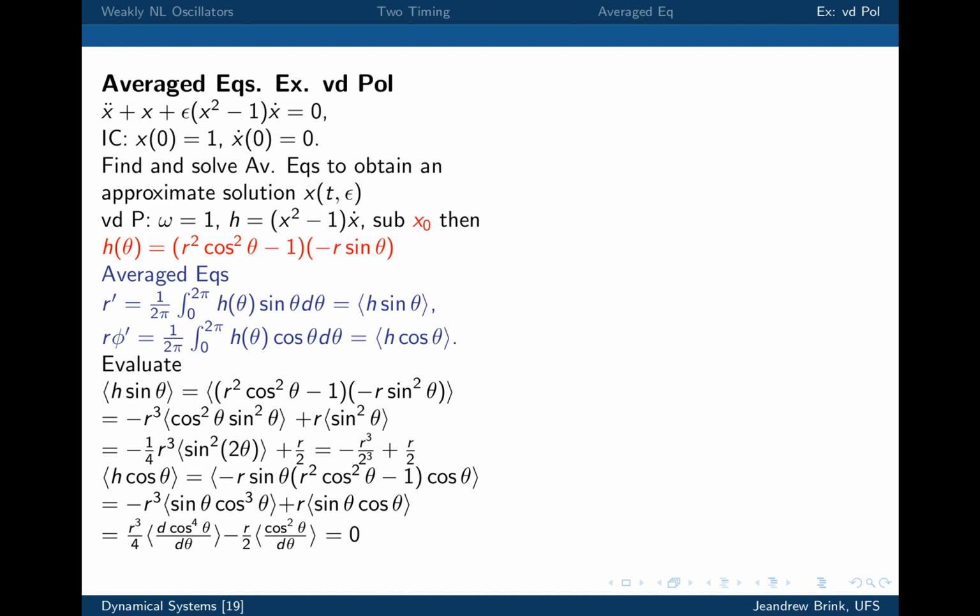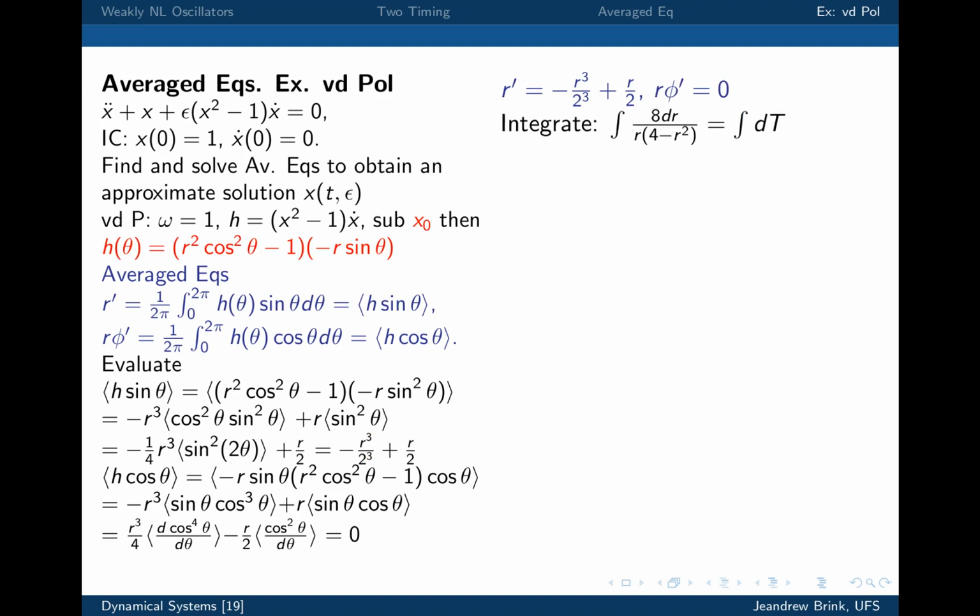So there's going to be no shift in phase, but the radius is going to obey this equation. The interesting thing is that r prime equals that, and r phi prime equals 0. So those are your averaged equations.